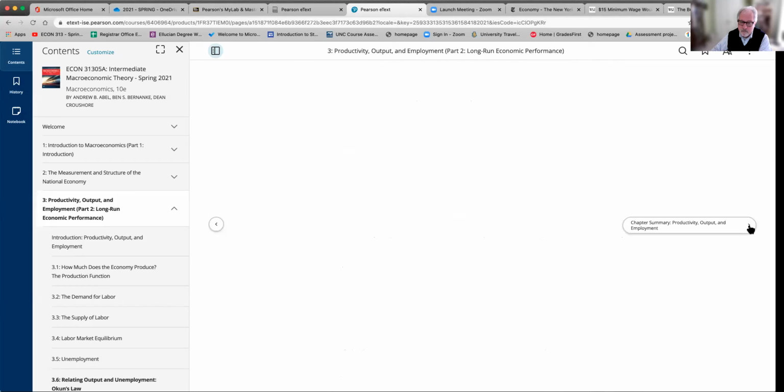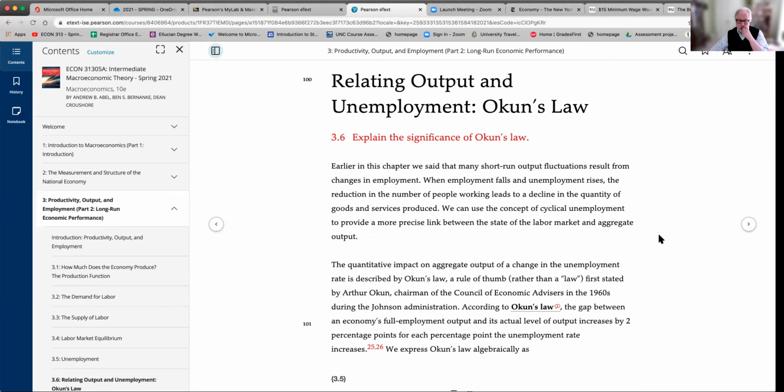And then finally, in the last section of this chapter, we talk about something called Okun's Law, named after Arthur Okun, who first looked at this back in the 1960s. It's a relationship between unemployment rates and the level of output in the economy, so that's a direct linkage to the production function.